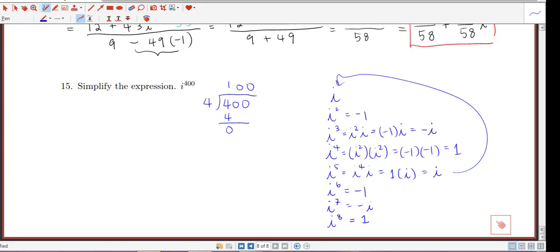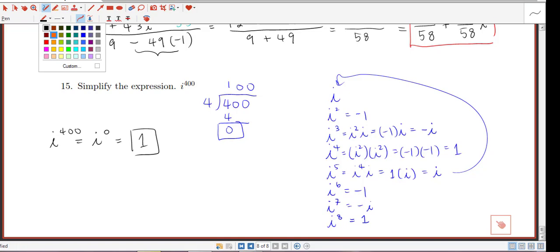Okay, so do you see that the remainder in this case is 0. So the remainder theorem is saying i to the 400 is just i to the 0th power. Now anything to the 0th power, provided that it does not equal 0, is 1. So that's your answer. Easy as that.